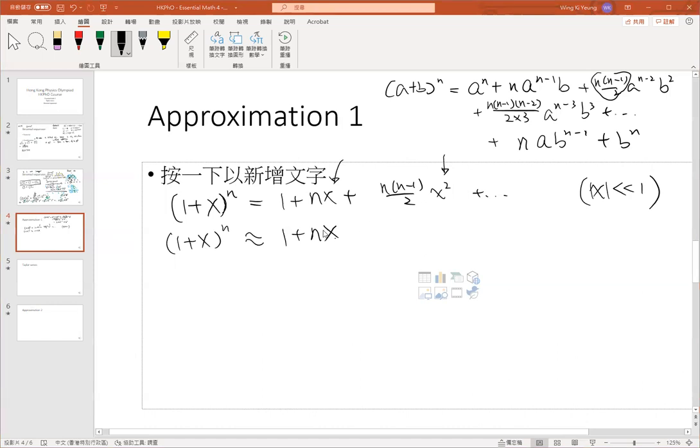And then for x cubed, x to power 4, those terms will be much smaller, so we can neglect those small terms. So in approximation, we can write it as 1 plus nx. But sometimes this approximation may not be good enough. We may also need to take this term.